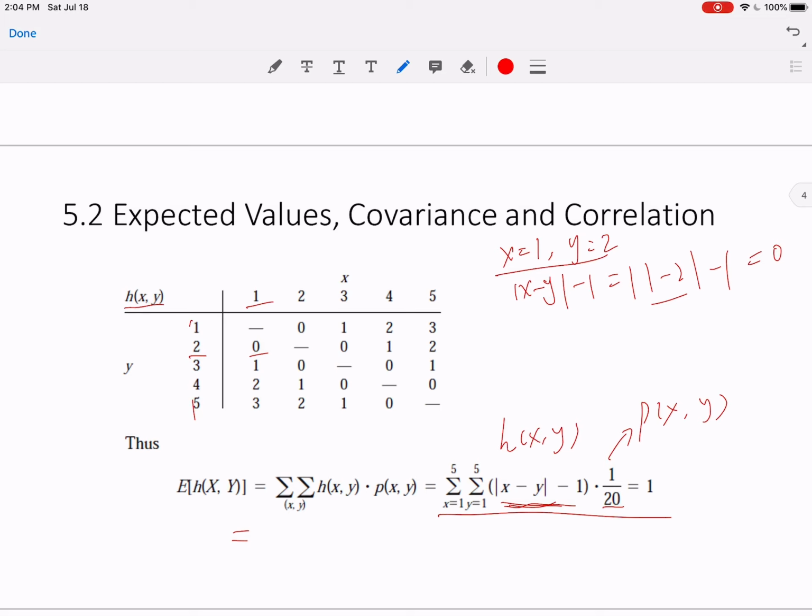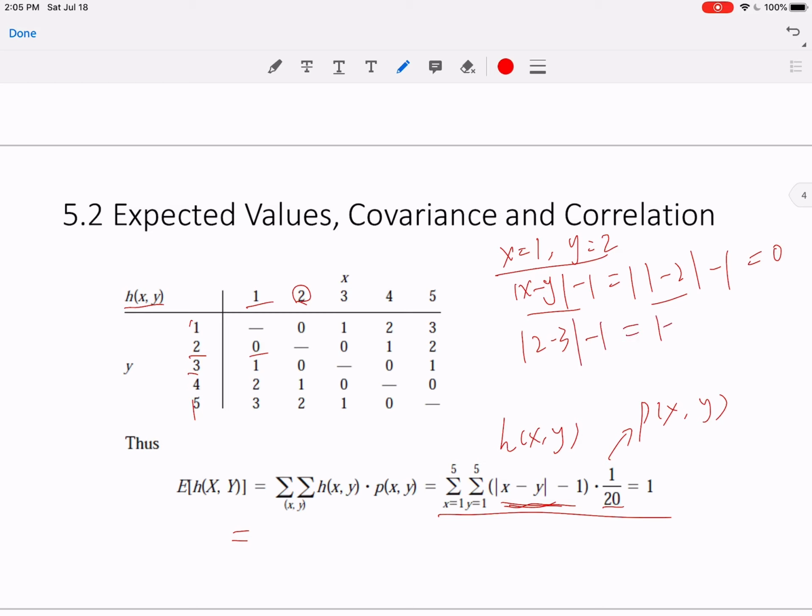And then let's take a look at the second ordered pair here. In this case, x is 2, y is 3. Same thing, we plug those two values, this ordered pair, back into this expression to find the corresponding function value. So x is 2, minus y is 3, and then minus 1.